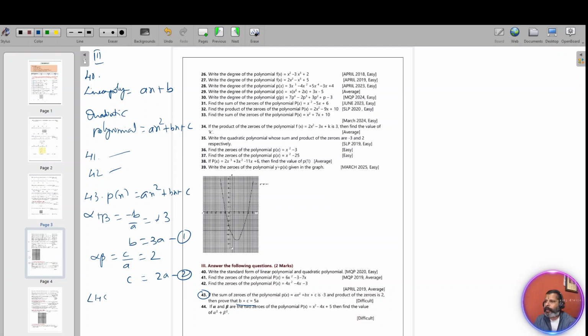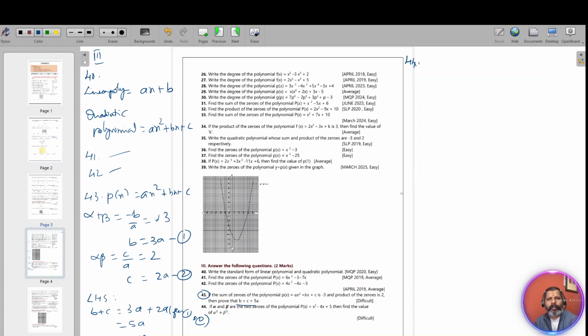LHS we take b plus c. b is 3a, c is 2a. Therefore, 5a equal to RHS. Why 2a, 3a? From 1 and 2. Hence proved. Very important yet simple one. 43 is done.